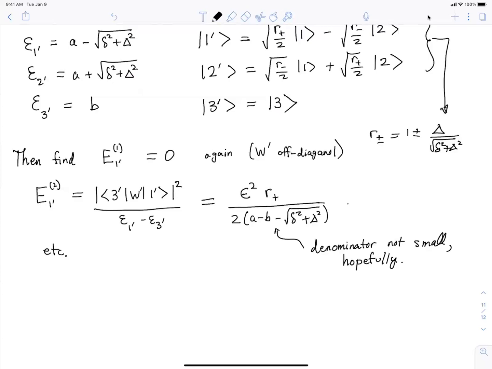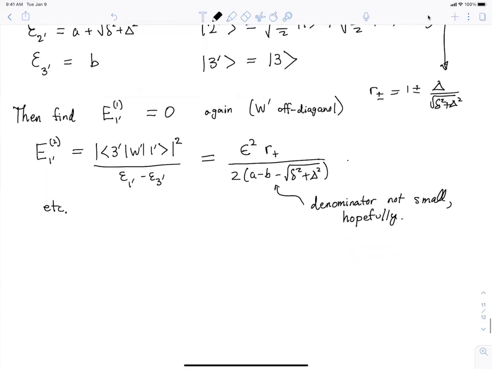But that's not really an advantage because what does almost degenerate perturbation tell you to do? It tells you to completely exactly diagonalize the Hamiltonian on all 3 states. And that's the exact same thing as the original problem. So almost degenerate perturbation theory isn't a magic thing that works in every situation in a beautiful way. There are some cases like if A and B were close together and delta was small, then all almost degenerate perturbation theory would tell you is solve the exact problem and good luck, right?